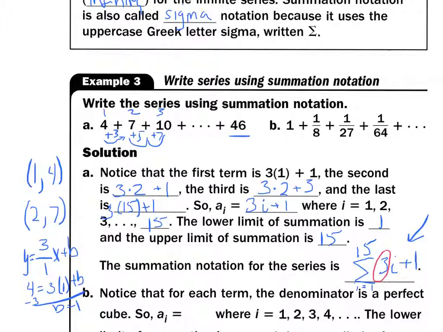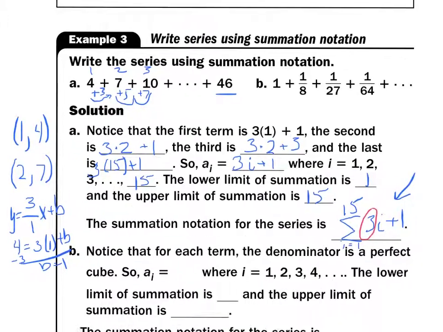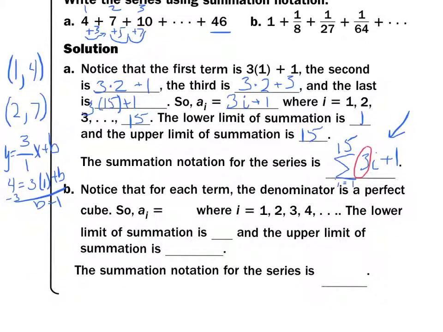Okay, note that for each term, the denominator is a perfect cube. So, a sub i equals 1 over i cubed, sorry.